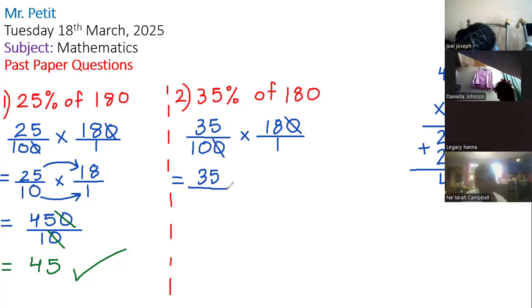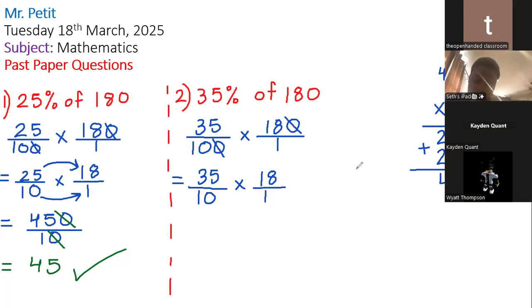Over 10. Over 10. Very good. 35 over 10, multiplied by what? 18 over 1. Very good. Divided by 18 over 1. Good. And then what are we going to do at this point?